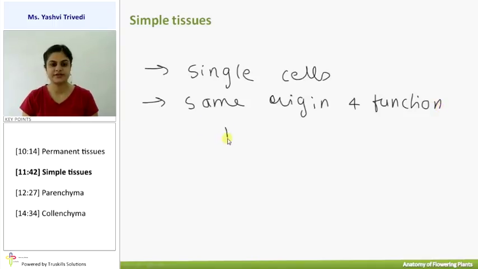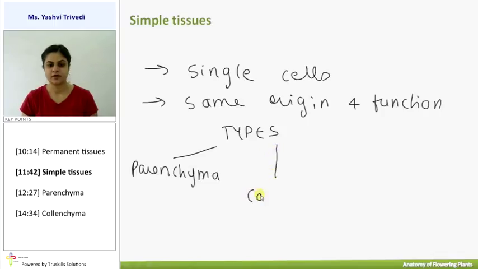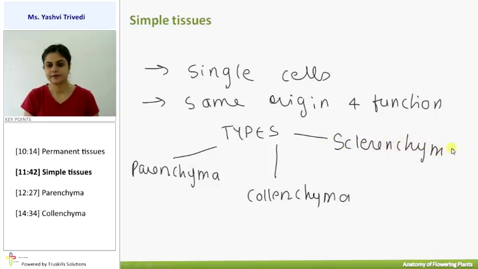Simple tissues are further divided into three types: parenchyma, collenchyma and sclerenchyma. So the three types of simple tissues are parenchyma, collenchyma and sclerenchyma.